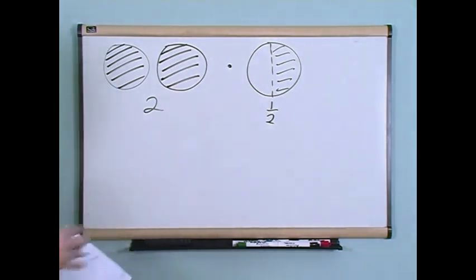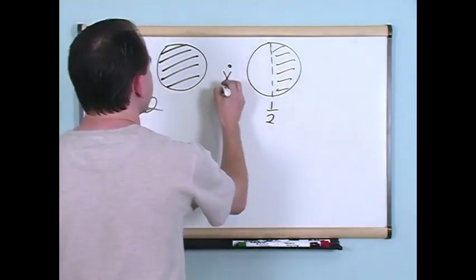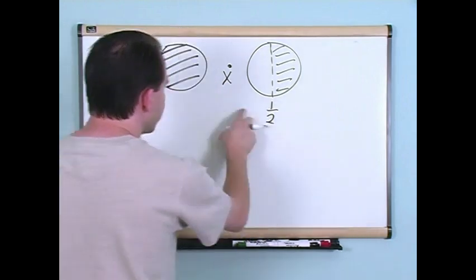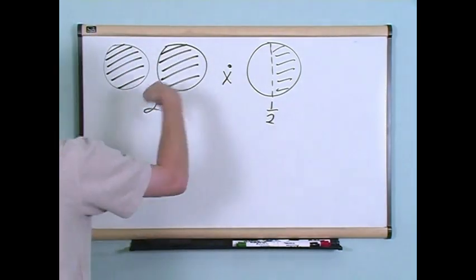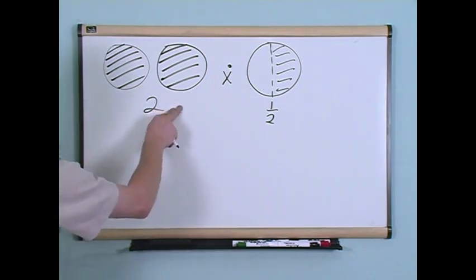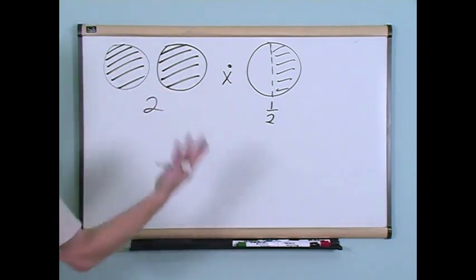Now, using the big rules of fractions and what it really means, what are we trying to do here? We have 2 pies to begin with, and this is telling me that when I multiply, really all I want is half the amount of what I started with. Well, if I have 2 pies to begin with, half of these 2 pies is just going to be 1 pie.